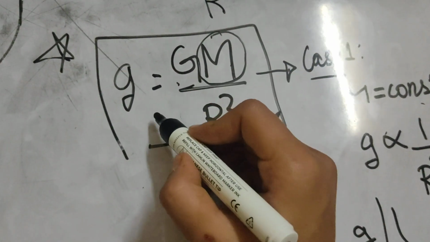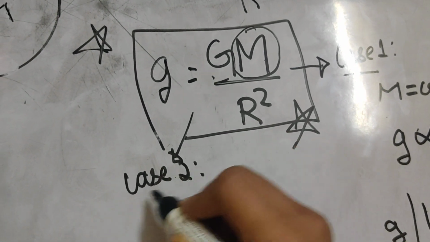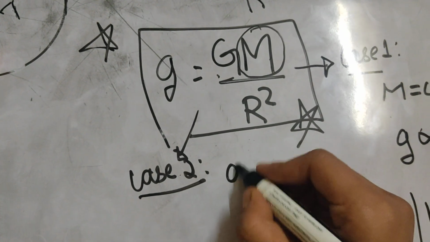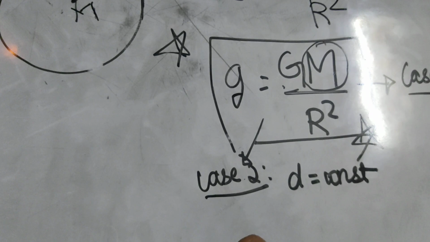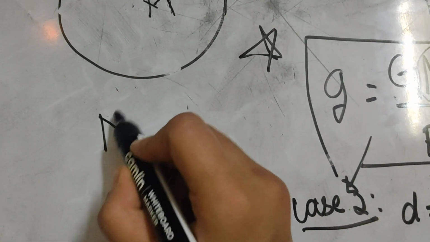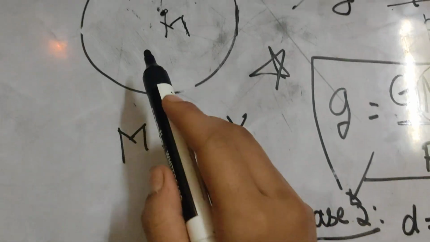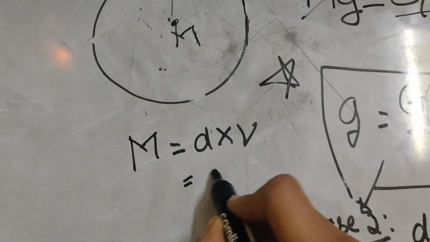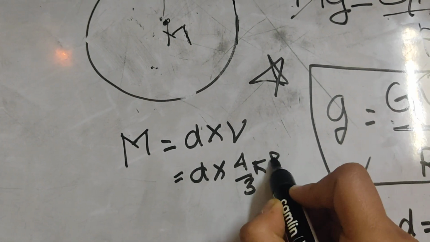Now coming to case 2. In case 2, what will we consider? Density to be constant. Now you know that mass is equal to density into volume, right? Here the volume of the sphere will be 4 by 3 pi r cube.